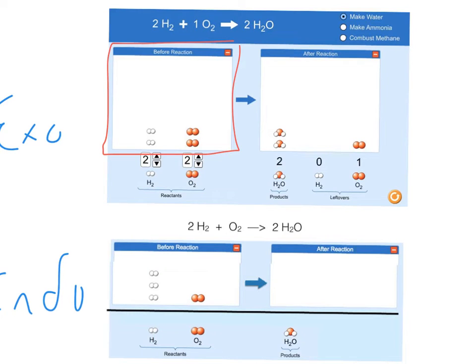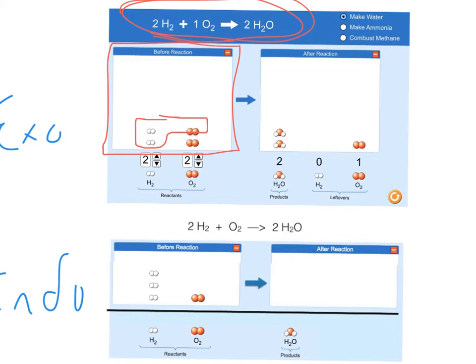And so what's being shown here is they give us a chemical equation. We see that for every 2 hydrogen molecules and 1 oxygen molecule, that gives us exactly the right number of atoms to make 2 water molecules. So what the student does in responding to this is circle 2 hydrogen molecules and 1 oxygen gas molecule.